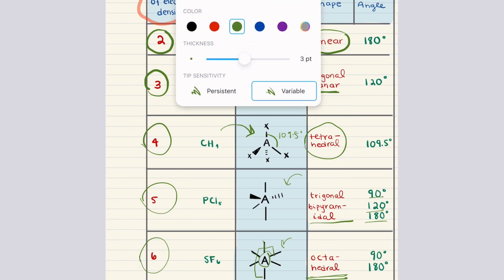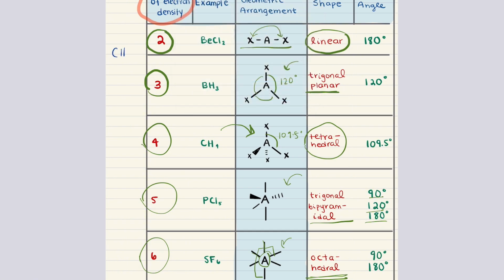For example, if we look at a molecule like CH4, methane, you're going to have carbon bonded to 4 hydrogens. That means that the central atom has 4 regions of electron density. If we look at ammonia, NH3, this has a nitrogen bonded to 3 hydrogens, and it also has a lone pair. So it also has 4 regions of electron density.